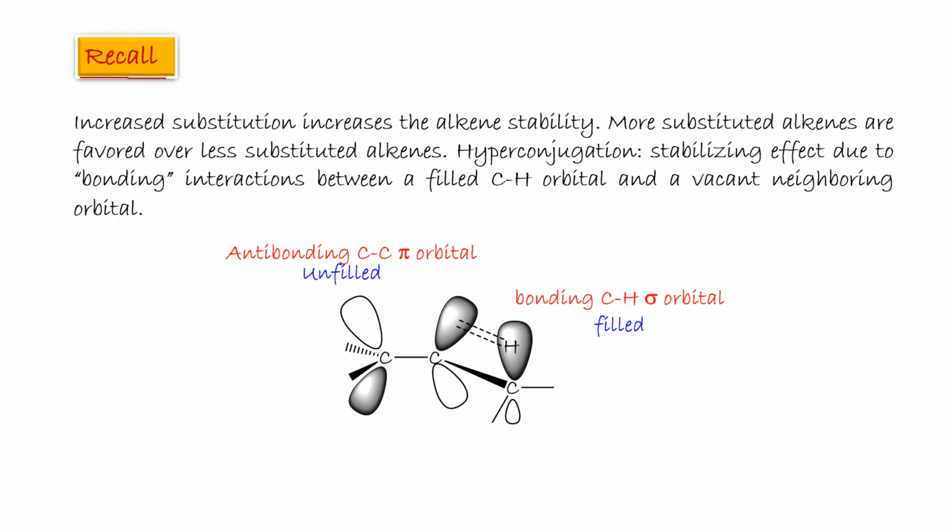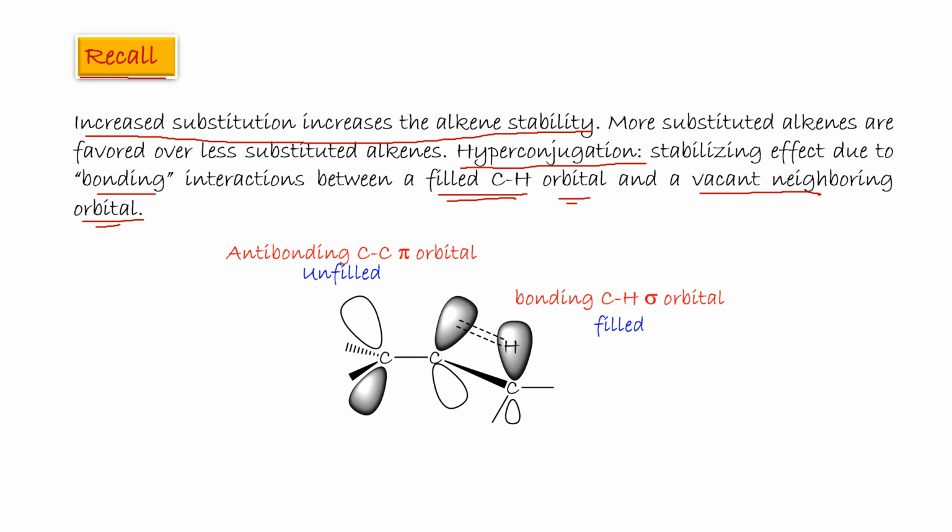Recall, increased substitution increases the alkene stability. But why is that? Because of what we call hyperconjugation: a bonding interaction between the filled CH orbital and the vacant neighboring pi-star antibonding orbital.